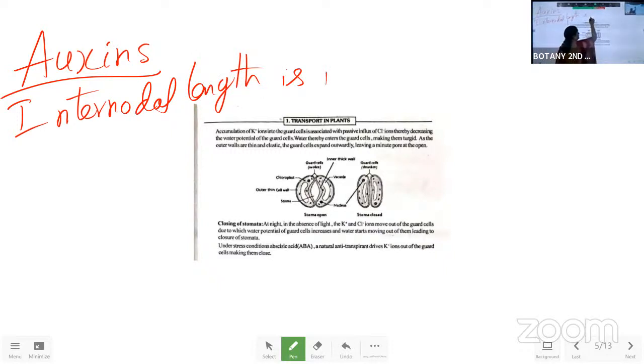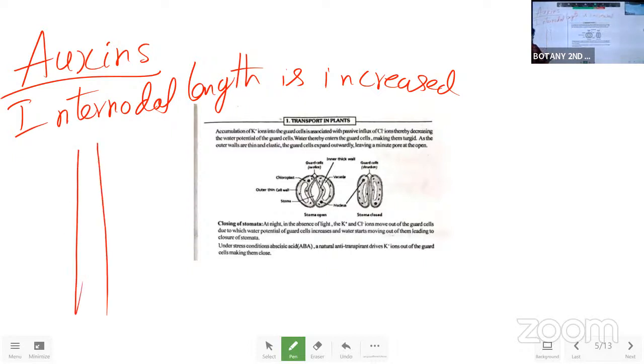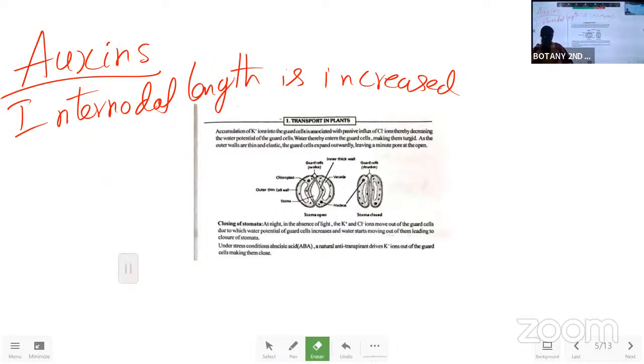When the auxins are used, the internodal length will be more, and the stem elongates. The internode, which is in between the two nodal regions, has more distance, that is more length. Example, sugarcane.